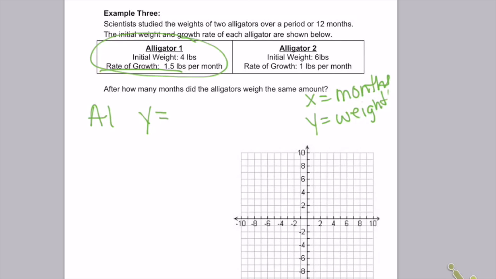All right, perfect. So for the first one, A1, you'll have y equals 1.5x, and then its initial weight is 4 pounds. So that's our first one.